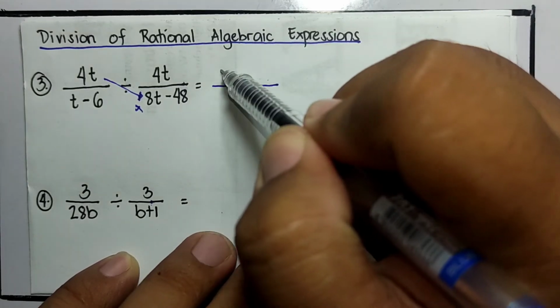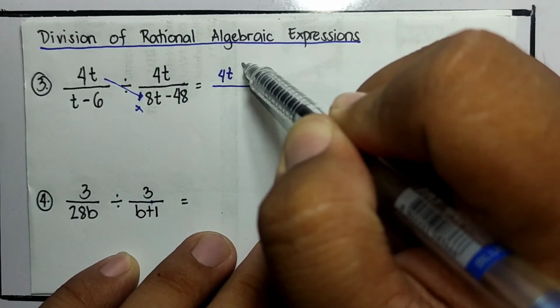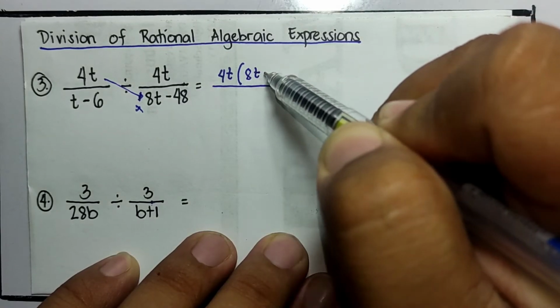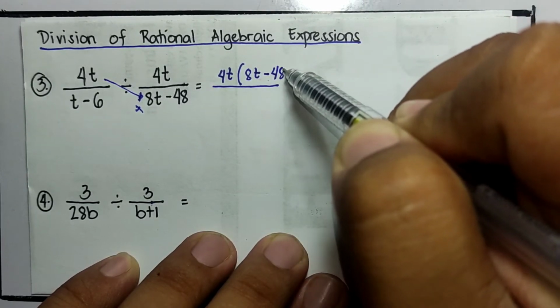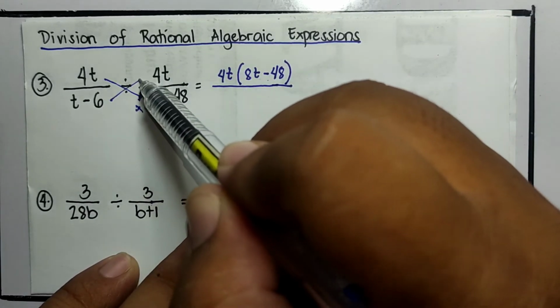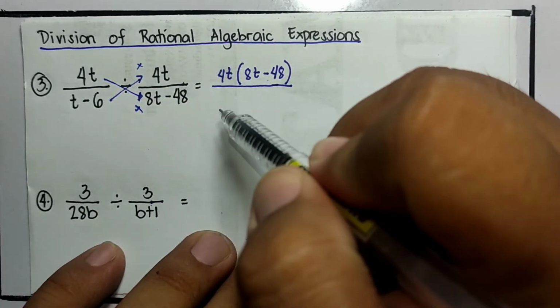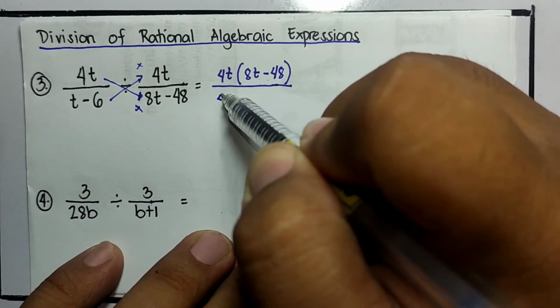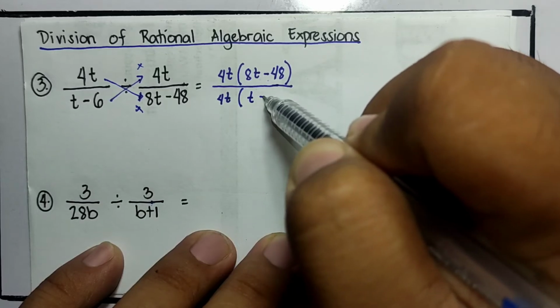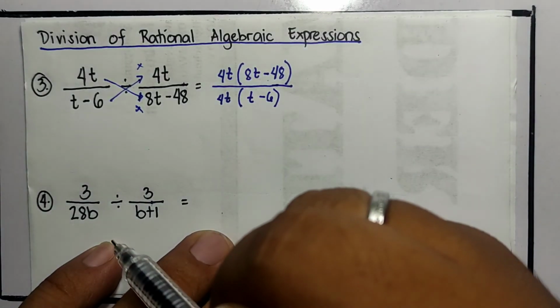We have 40 times 80 minus 48, over 40 times t minus 6.